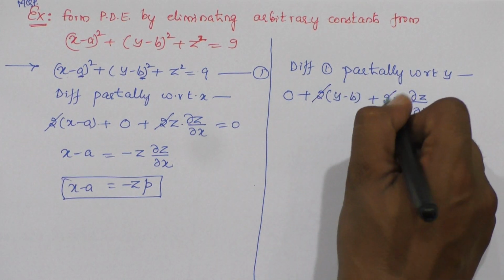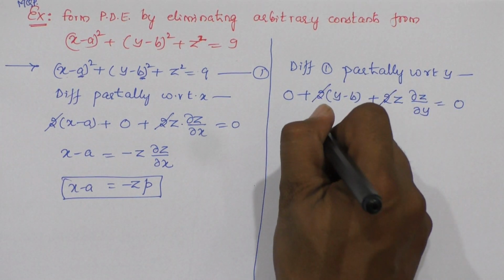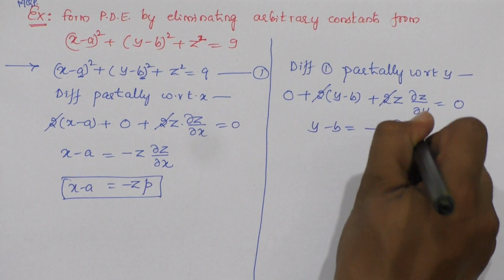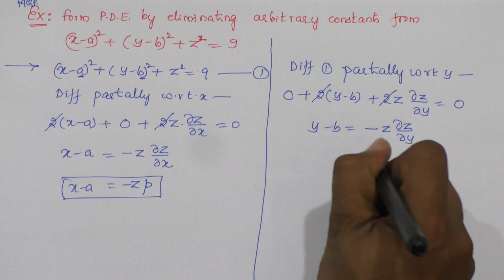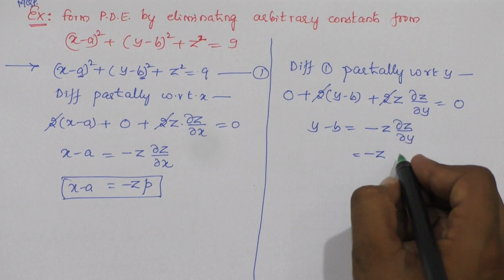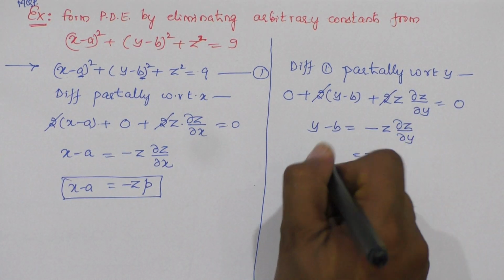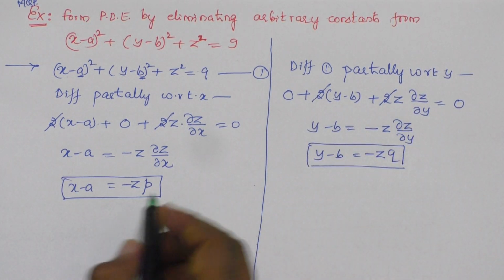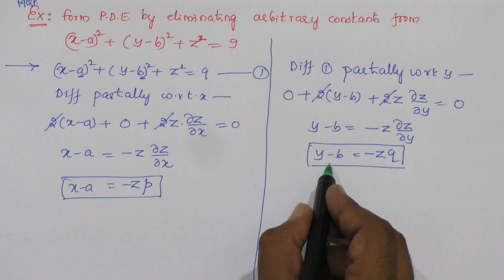So 2 is common, and transferring that side it will be 0. So y minus b equals minus z ∂z/∂y, and ∂z/∂y is denoted by q, so y minus b is equal to minus zq. So we got the expressions for both x minus a and y minus b.